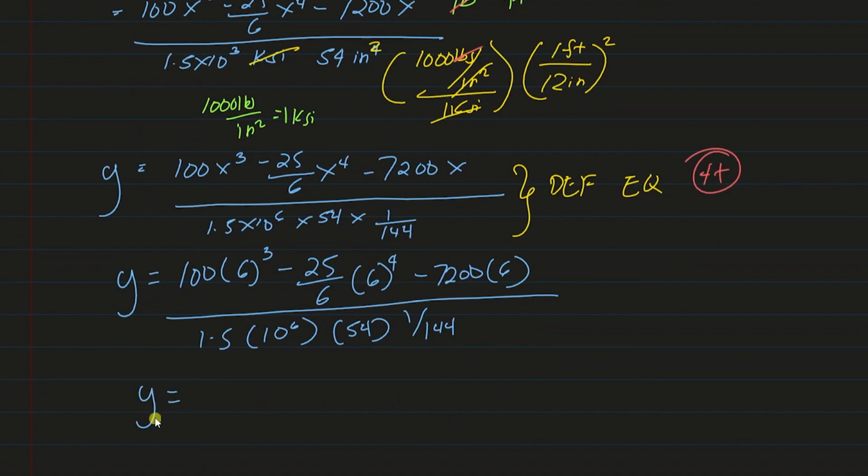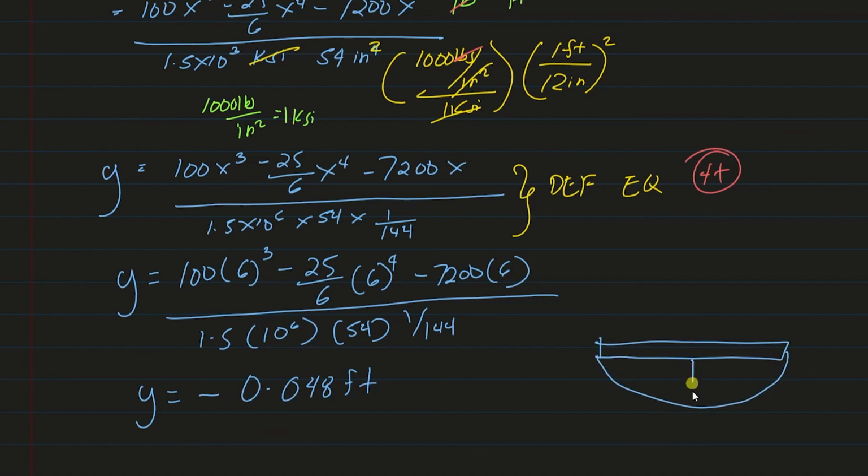Okay. So, our answer here mga bis is negative 0.048 feet. Okay, so negative mga bis, ibig sabihin our deflection is downwards, pababa siya. So if that's negative, that only says that our deflection is negative.